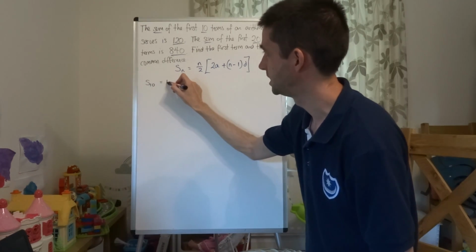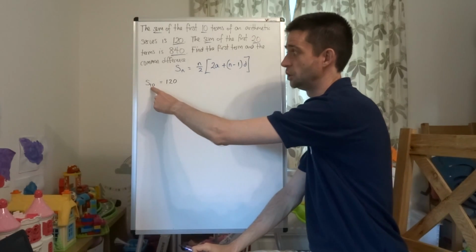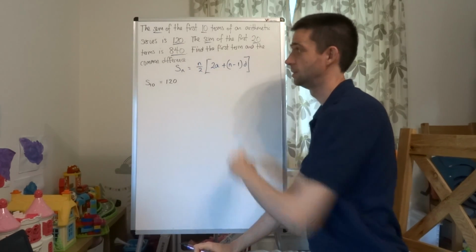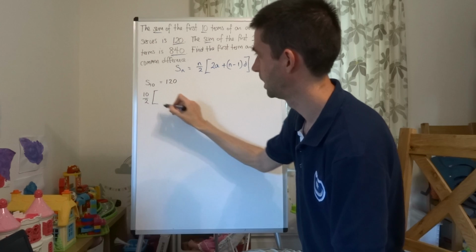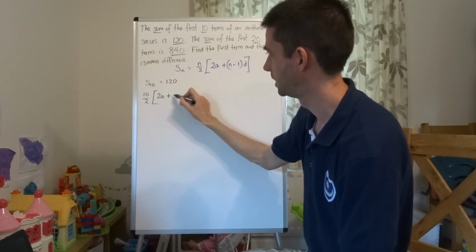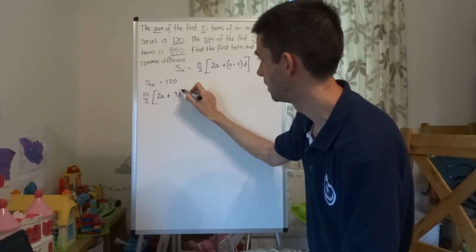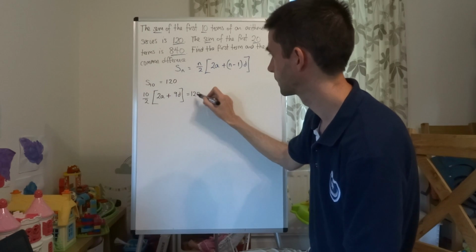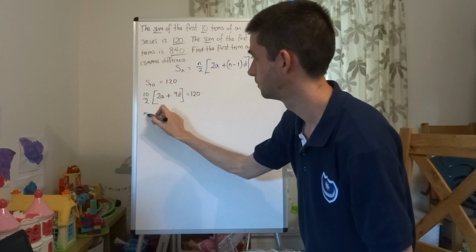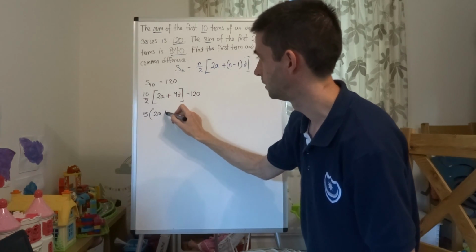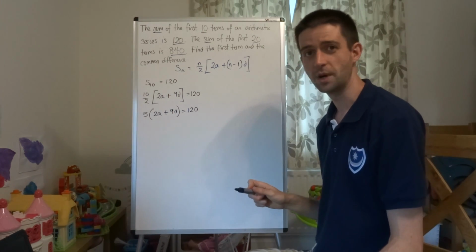So we're told that the sum to 10 is 120. So what I'm going to do is substitute 10 for n in this formula. So n over 2, I'm going to write 10 over 2, and in the bracket 2a plus, now n is 10, so 10 minus 1 would be 9, so I'm going to write 9d, equals 120. 10 over 2 is 5, so 5 lots of (2a plus 9d) equals 120.